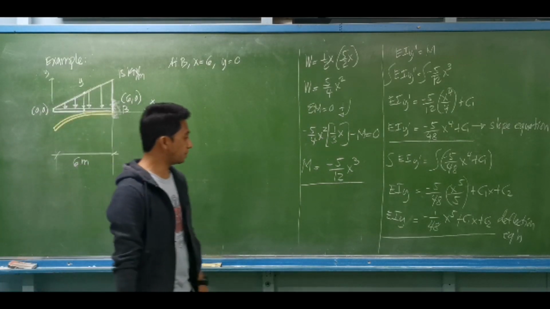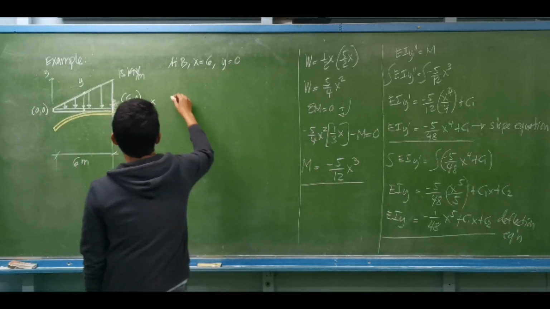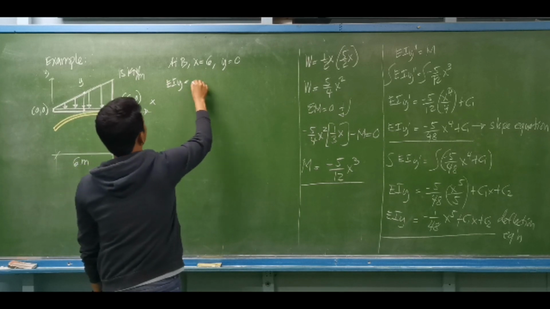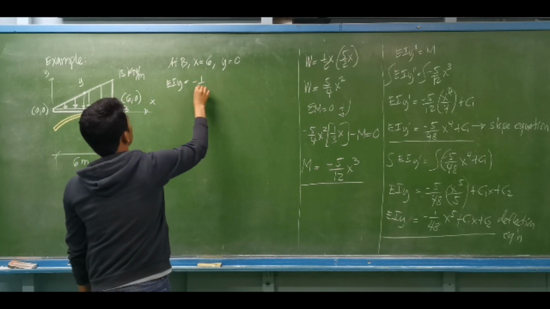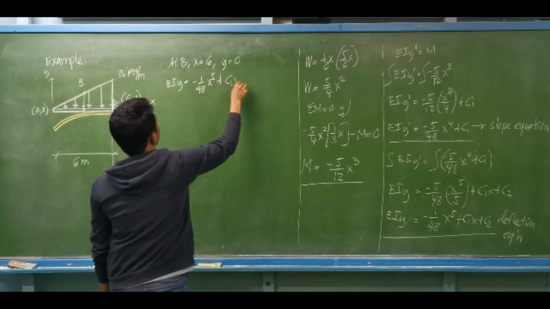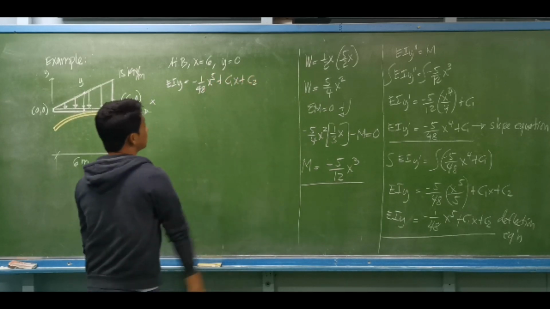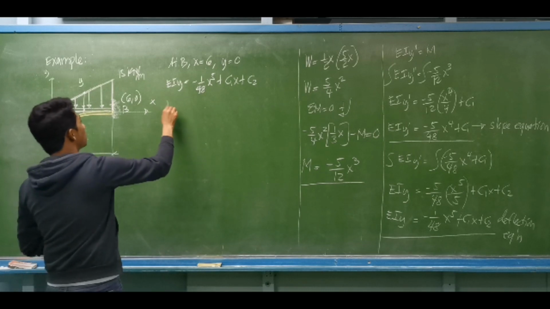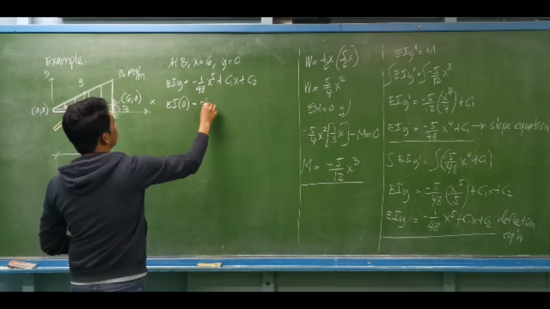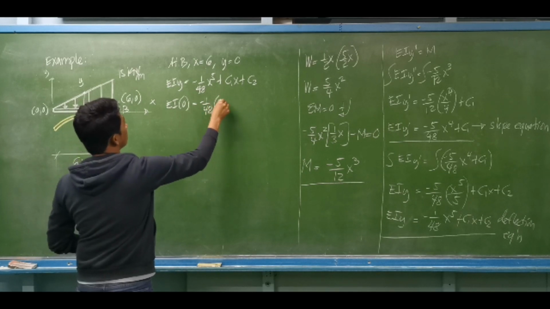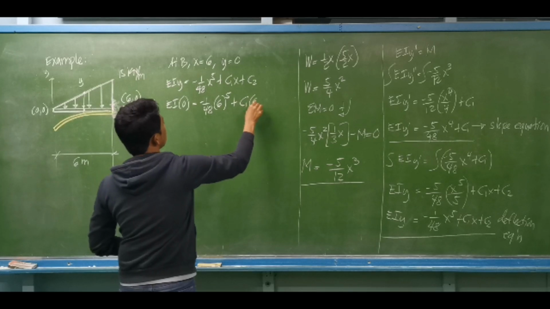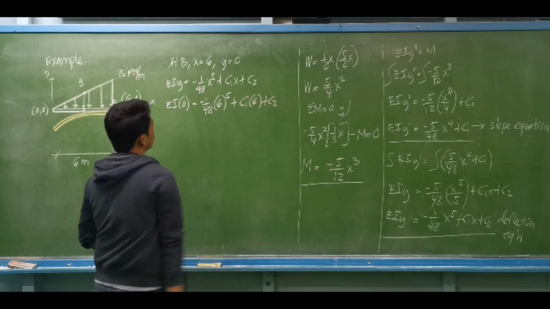So if we are to observe the deflection equation, this is EIy is equal to negative 1 over 48 of x to the fifth plus c1x plus c sub 2. So we have EI times 0 equal to negative 1 over 48 of 6 raised to 5 plus c1 times 6 plus c sub 2.